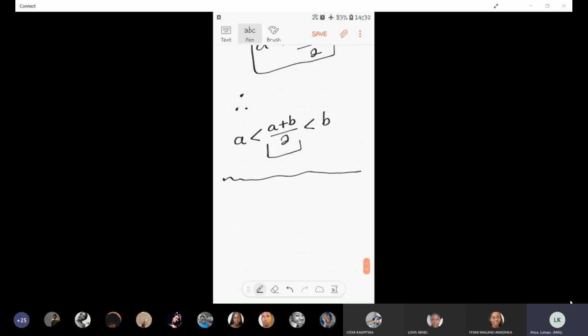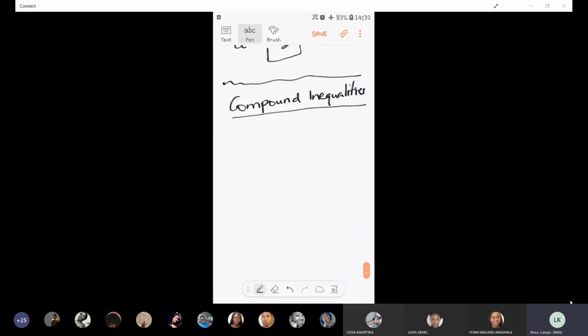The next thing we look at is compound inequalities. Now, compound inequalities, these are like two inequalities that you must solve and then combine your answers. So these are connected with words like and or.